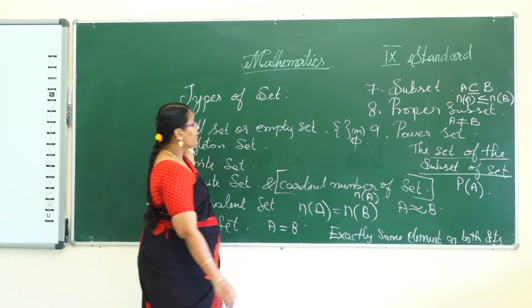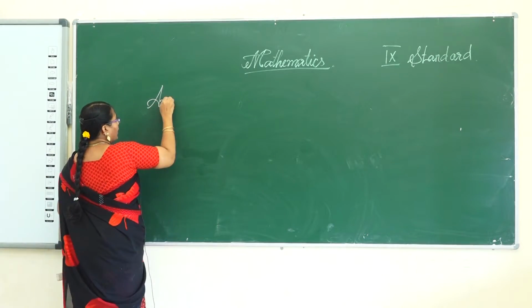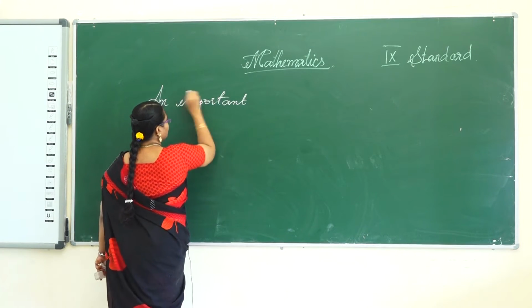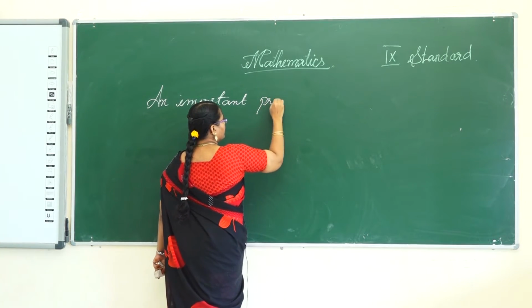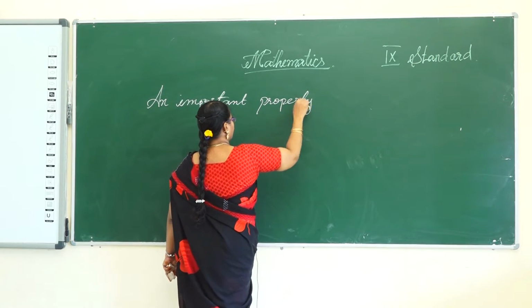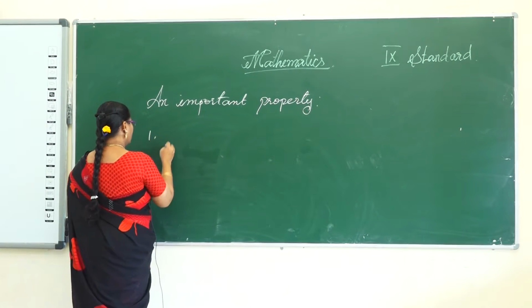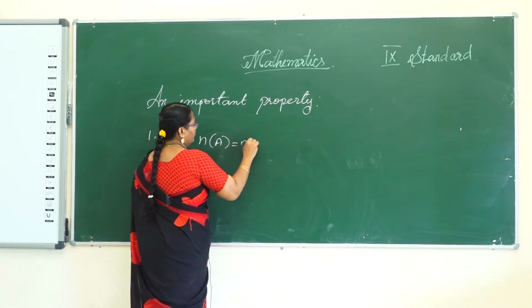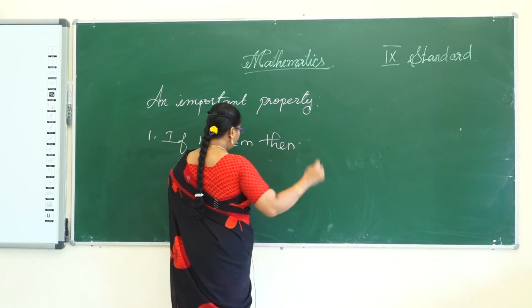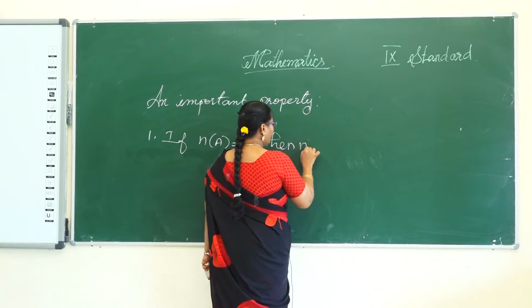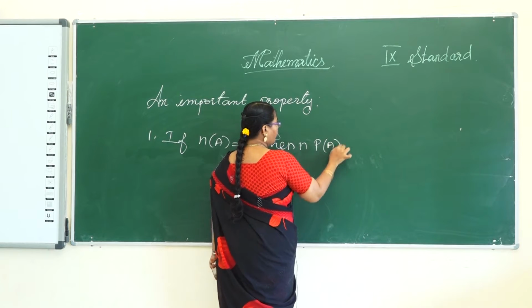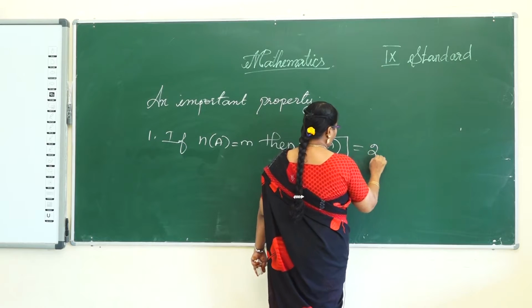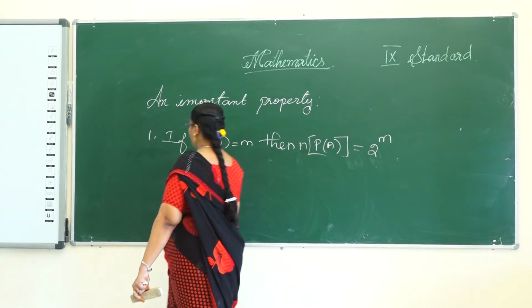I hope you are understanding the previous class. And important properties. The first one: if n of A is equal to m, then n of P of A is equal to 2 power m.